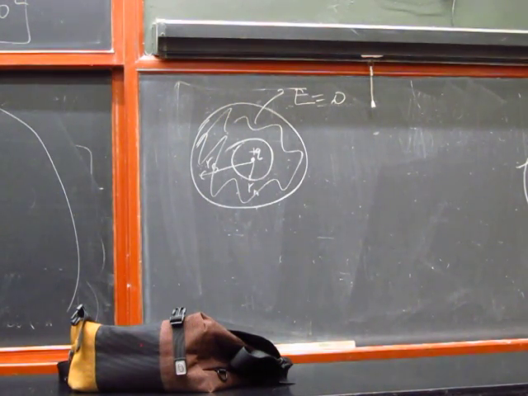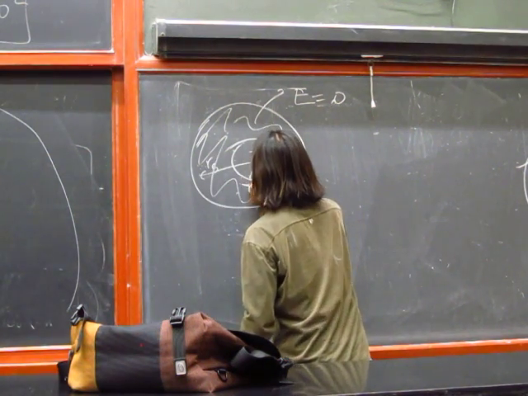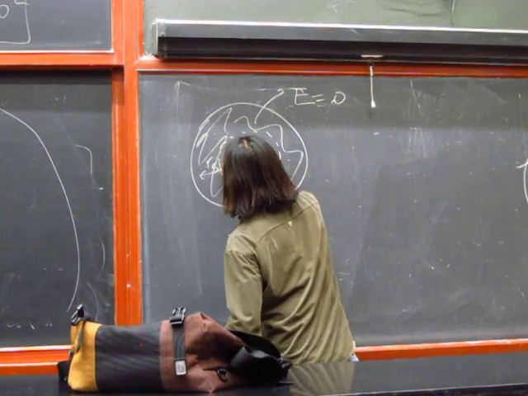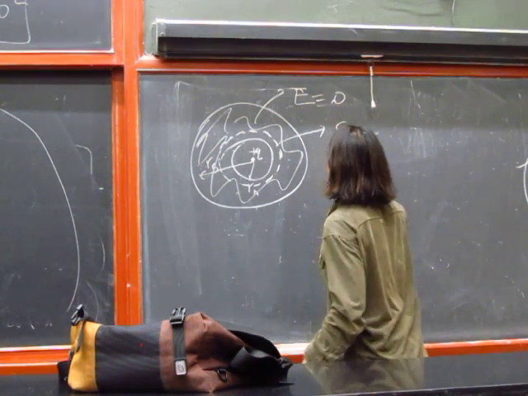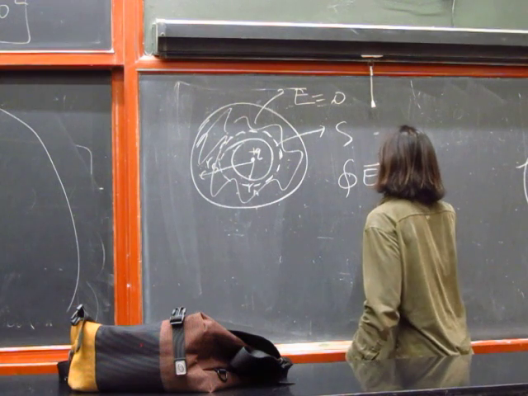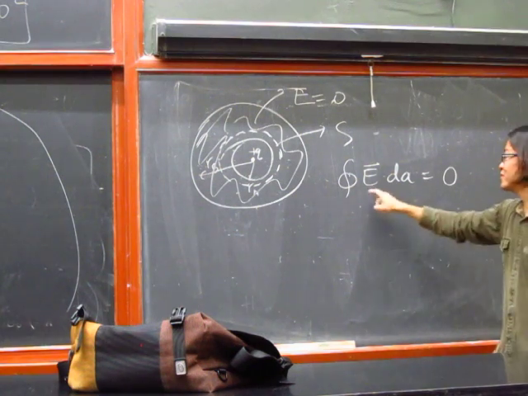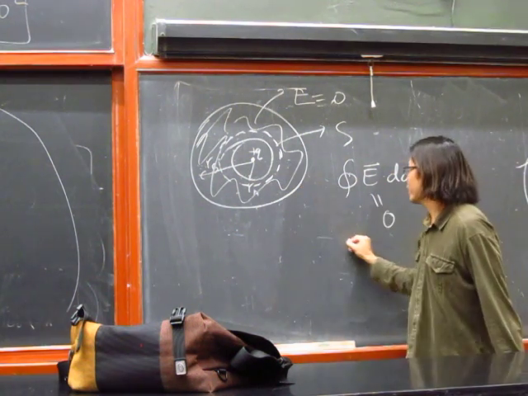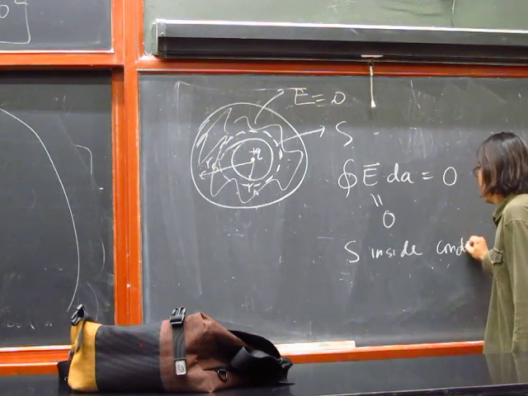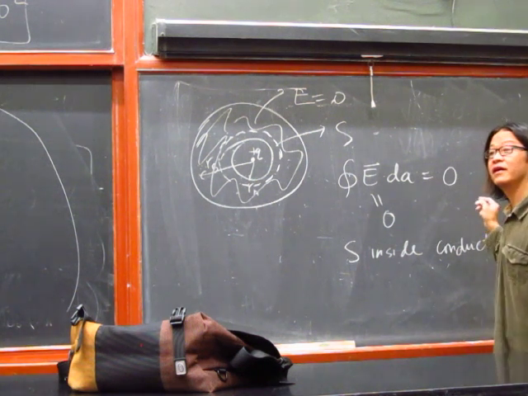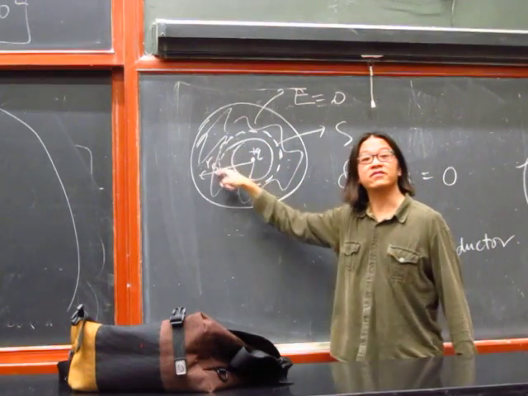So by Gauss's law, if I make a mathematical sphere around here, EA has to be equal to 0, because the electric field is identically 0 for S inside the conductor. What's S? S is just a mathematical Gaussian surface.